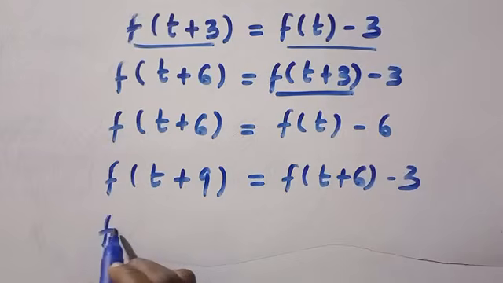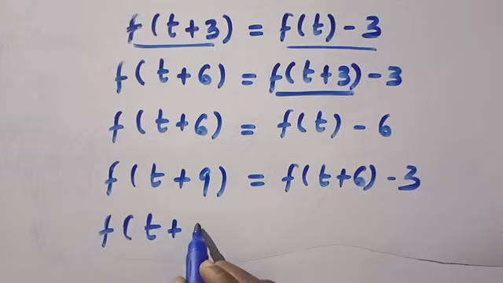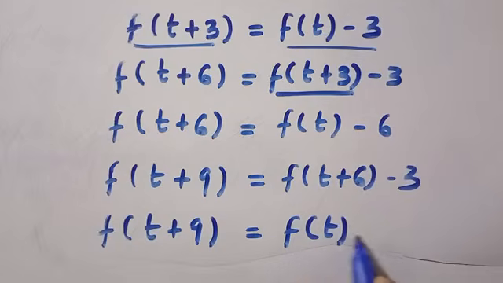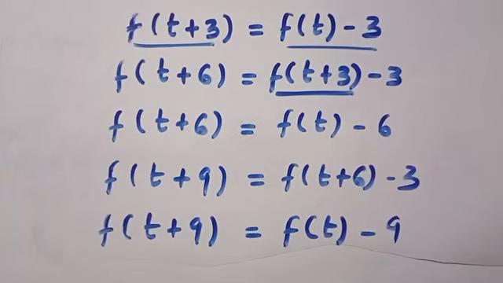So by replacing it, we have f of t plus 9 equals f of t minus 9. So this looks like we have a particular pattern. f always decreases by 3 each time t increases by 3. So that is the pattern I derived.